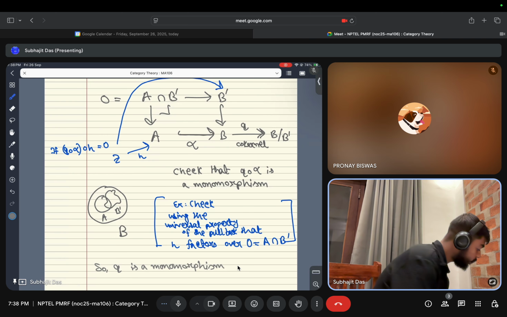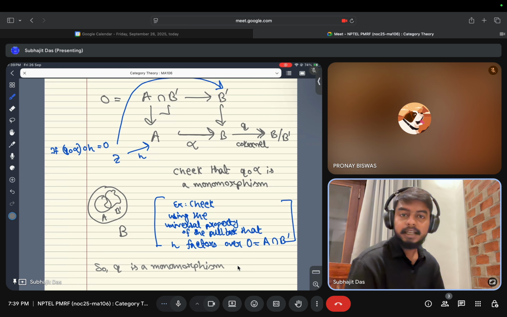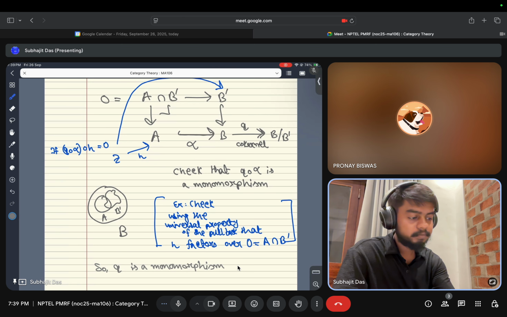Yeah, so Q is a monomorphism. What does that mean? Q is a co-kernel and it's a monomorphism. What does that mean?